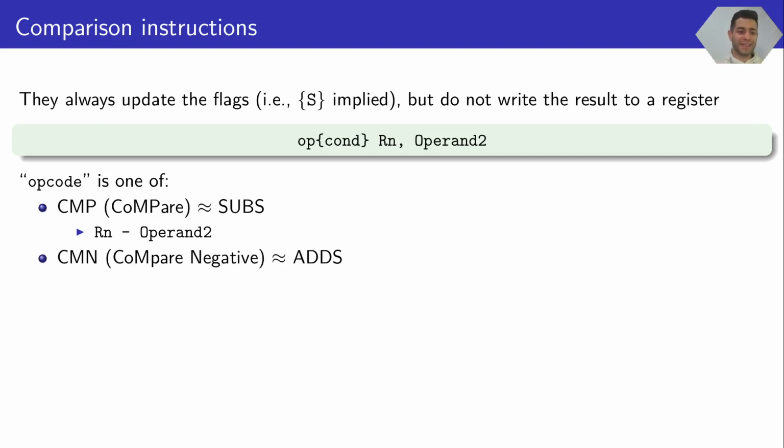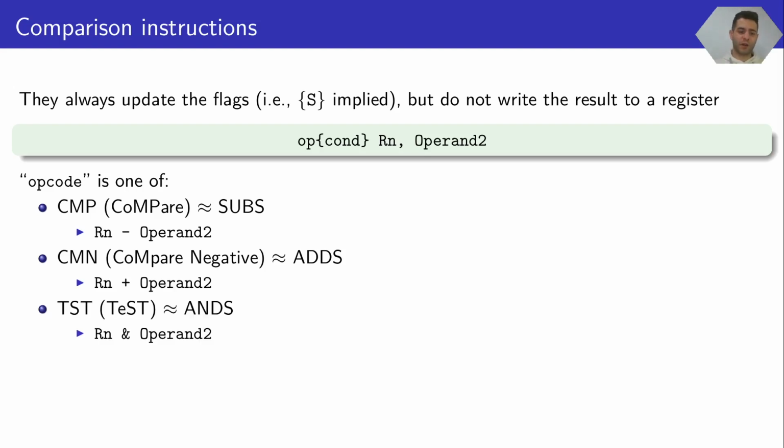Then we have CMN, where we are adding Rn with operand 2. Then we have TST, in this case we are performing a logical AND. And finally we got TEQ, which stands for test equivalence, and corresponds to the XOR.